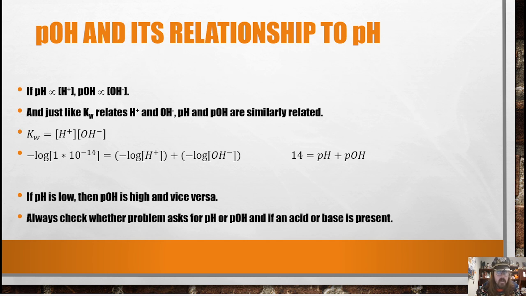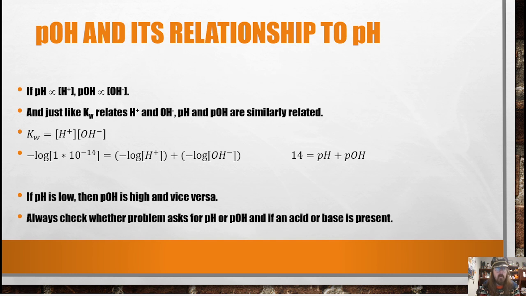In terms of pH, high pH is basic, low pH is acidic. Well, high pOH is acidic and low pOH is basic. They are directly related. And just as Kw relates H plus and OH minus, similarly we can relate pH and pOH.